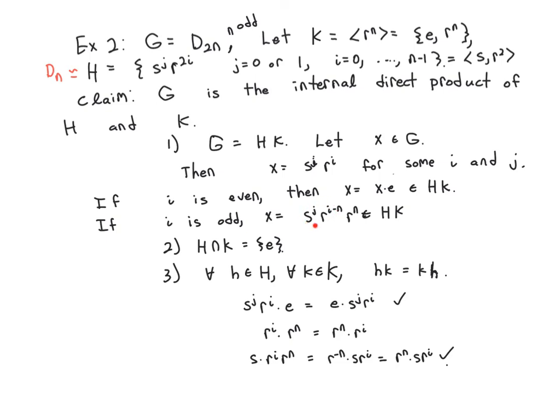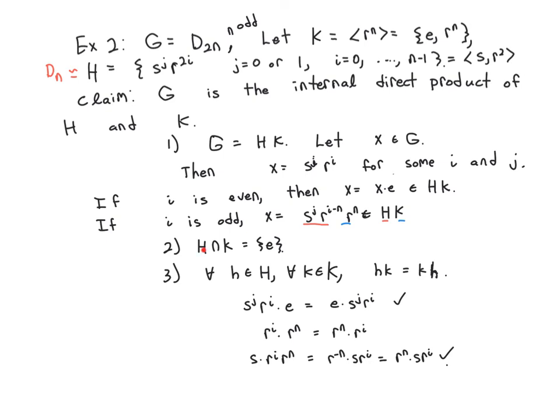So s to the j times r to the i minus n is an element in H. And r to the n, by definition, is an element in K. And so we've managed to factor x as an element in H times an element in K. So we've seen every element in G is an element in this product set.